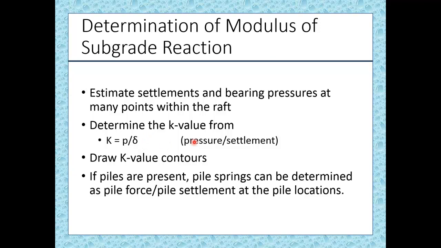They will draw contours of the K value, and then determine what kind of zones to assign and which K value to assign to those zones. That's how the geotechnical engineer prepares the information to be provided to the structural engineer.